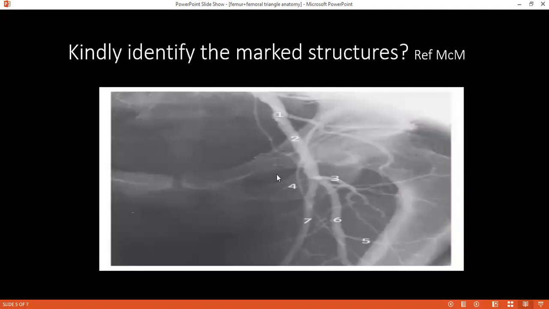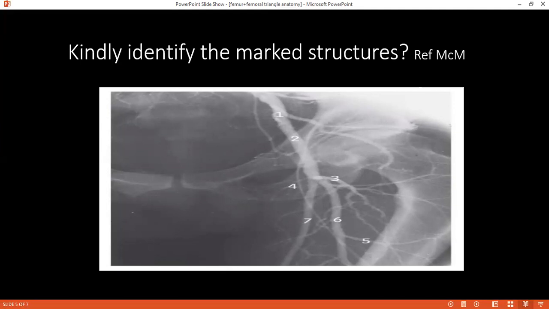Can you please look at this and tell me what kind of image this is? This is a CT angiogram, showing the femoral artery from the external iliac artery. Can you identify all the labels?